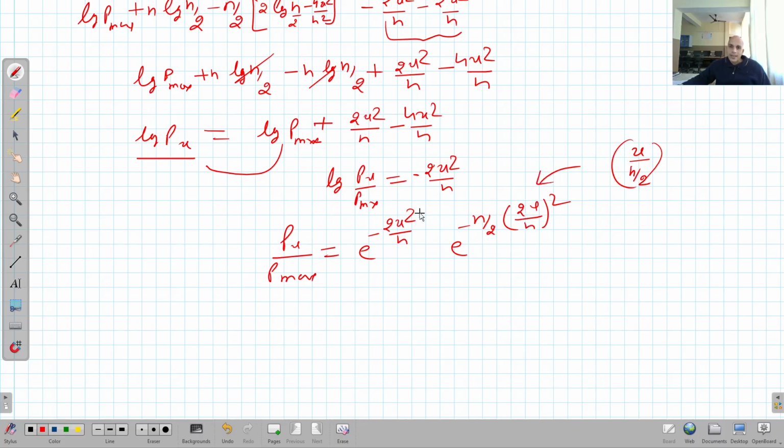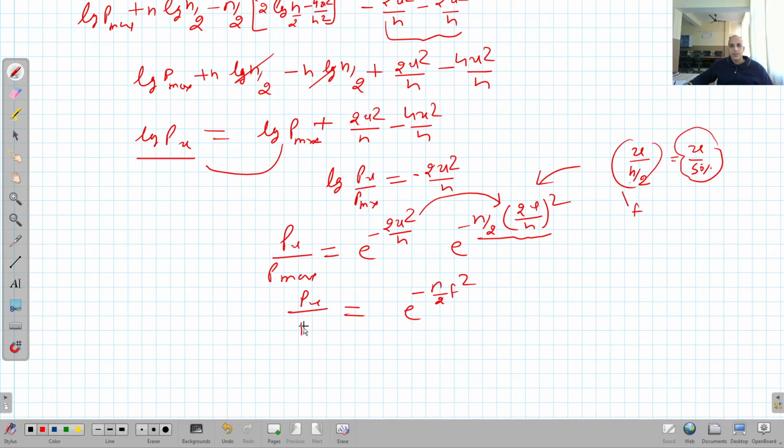So I actually wrote it in this way in order to express this exponential factor in terms of this fractional deviation. X upon n by 2 means x upon 50%, means how much deviation we have made. So I will give this a name f, fractional deviation. So in that case, it will become e raised to power minus n by 2 into f square, right?